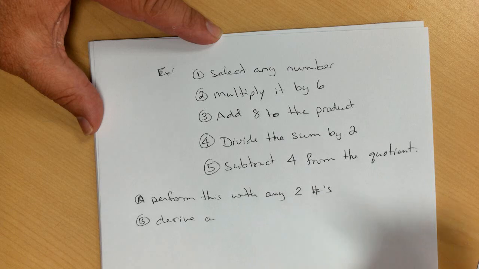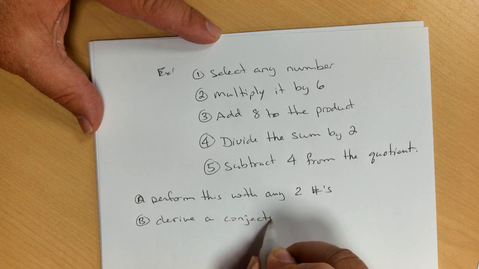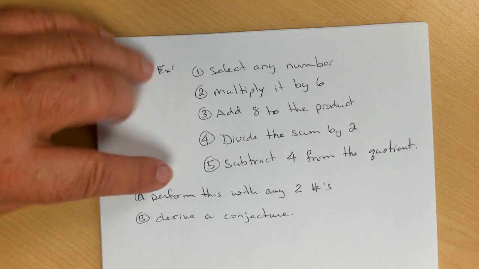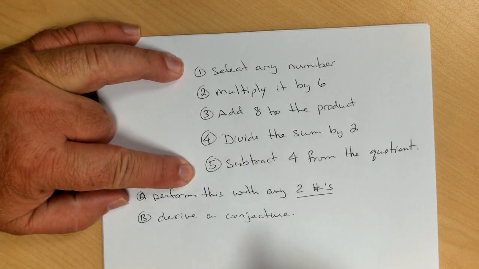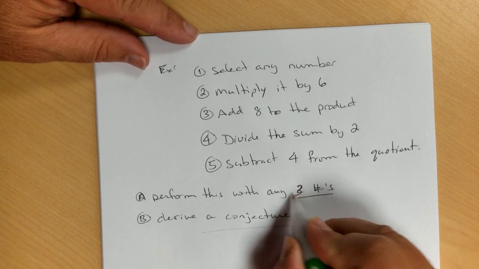Derive a conjecture on what you see. So, with these 5 steps, do it to 2 numbers and tell me what you see, what you observe. Well, let's do it for 3 numbers, so we better see a pattern.